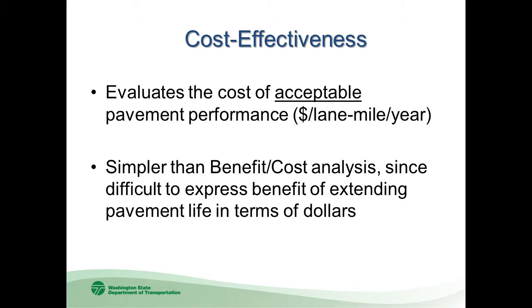So instead of trying to quantify the benefits, we just say that it's an acceptable level, and once we achieve an acceptable level, the only thing we really worry about is minimizing cost. So the objective function is minimizing cost at an acceptable level of performance.